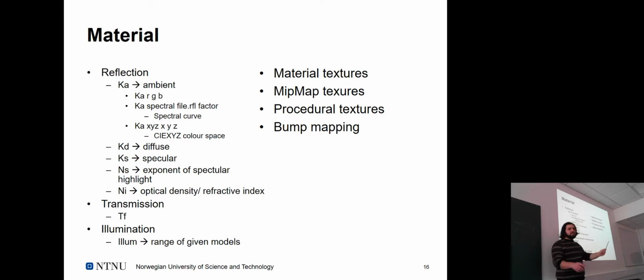XYZ is just another color space that is derived from human color matching functions and our sensitivity to different spectrum, and Y is selected so that it matches the luminosity function. Do you remember I showed this kind of curve, our sensitivity to brightness across the spectrum?